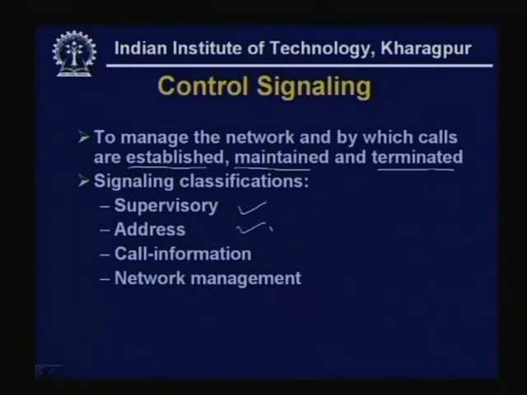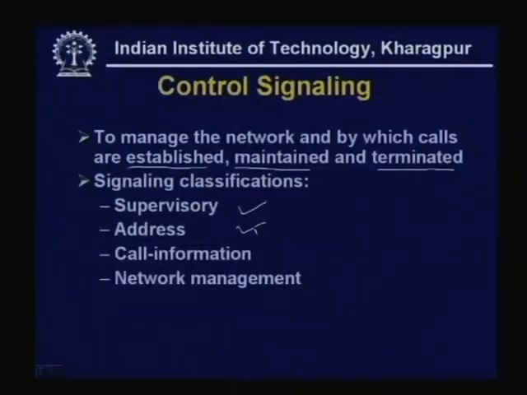Then address: a particular node has some telephone number, and that number has to be sent. So, the address has to be communicated. Then call information, whether it is busy or something has happened, or network management, which is used for the purpose of maintenance and termination.